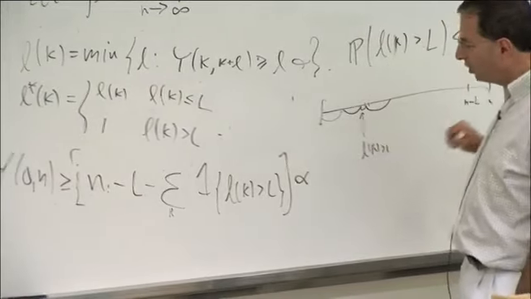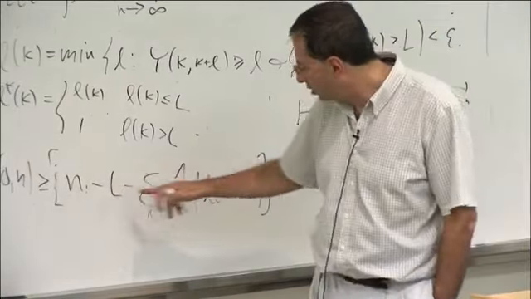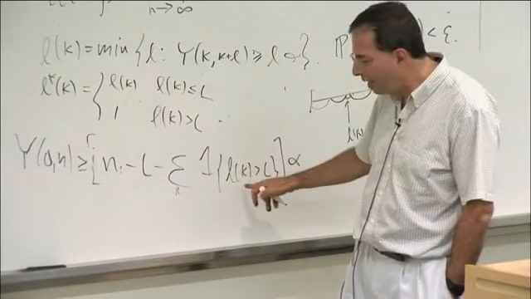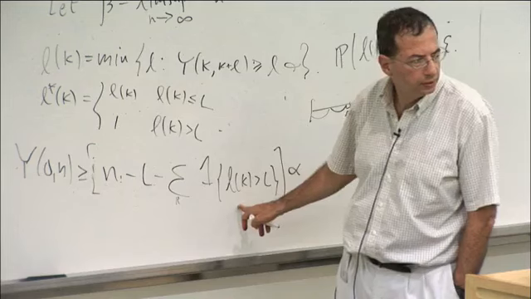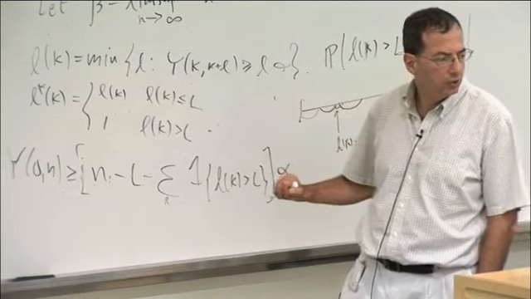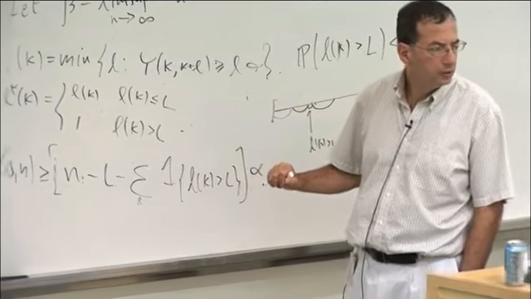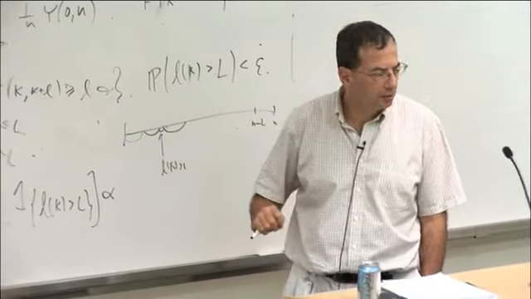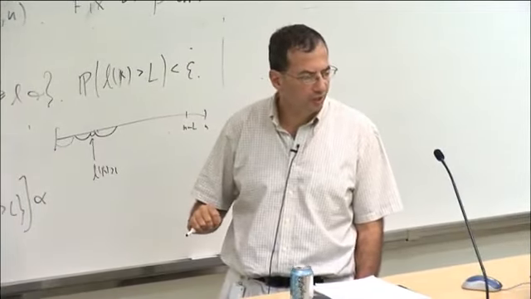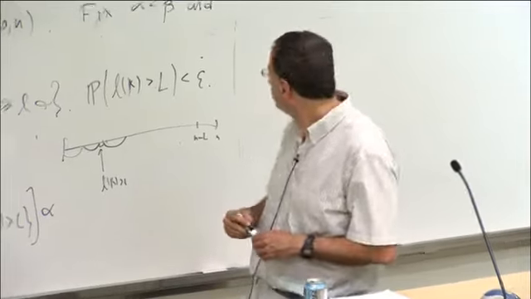So the total length of the good intervals is at least n minus L minus the number of the bad locations. In the bad locations, we had to go to the next point. This is somehow the key to this proof, but it's similar to the keys to the previous proofs. That's why we went through that.